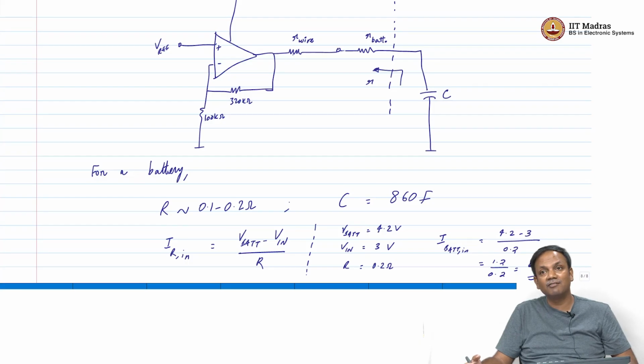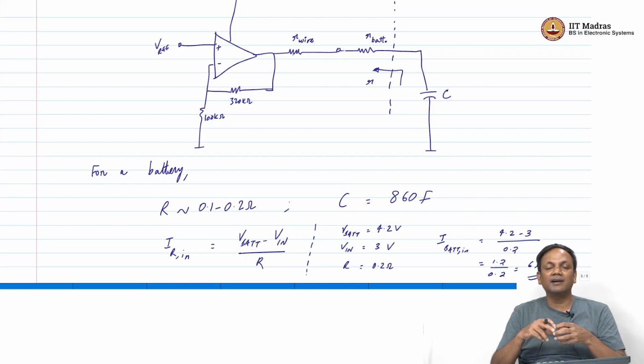Obviously, I do not want this level of current flowing into my battery. Which comes back to the challenge with this circuit. If I go with an op amp based non-inverting amplifier with no regulation of current, then the peak current charging the battery might become very high.